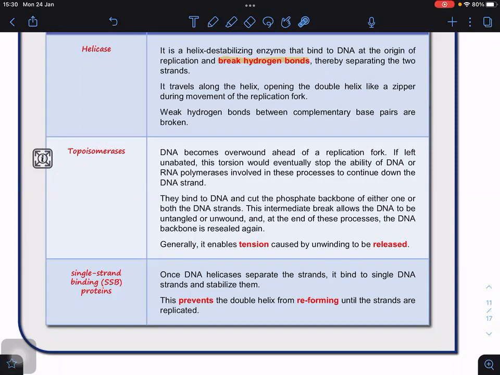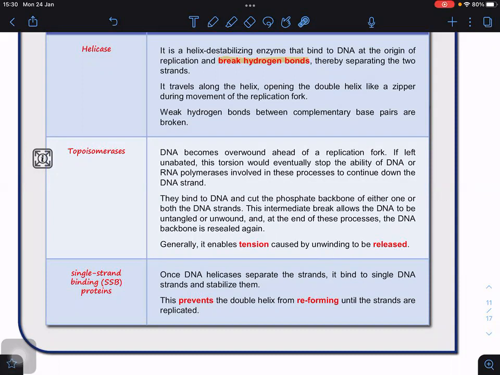At a certain moment, you won't be able to unwind them anymore. It creates tension. Topoisomerase helps to release the tension. Generally, it enables the tension caused by the unwinding to be released. Again, topoisomerase is not in our syllabus.